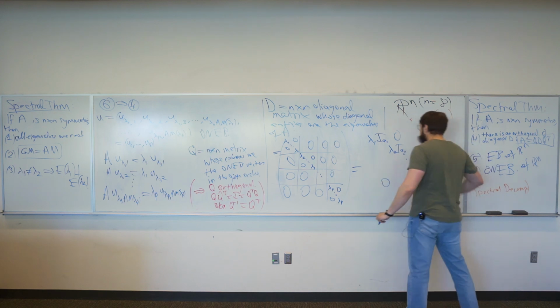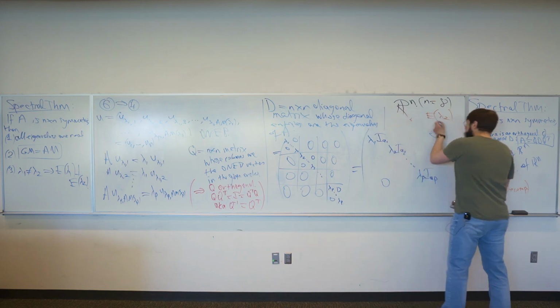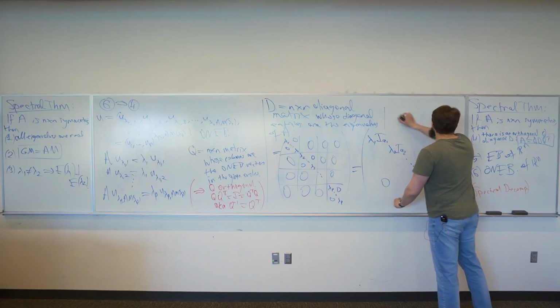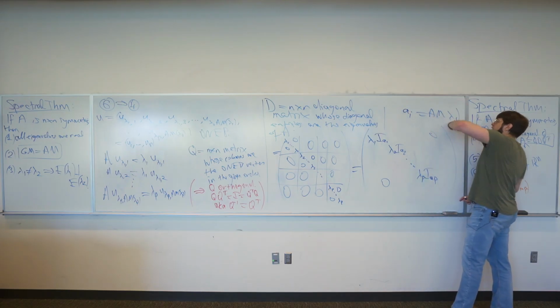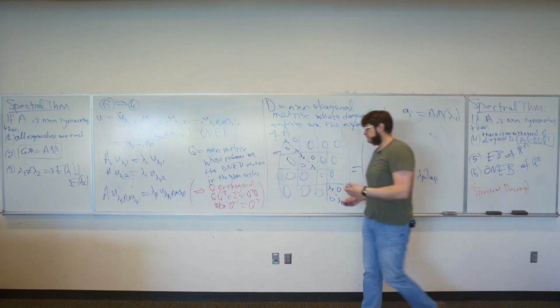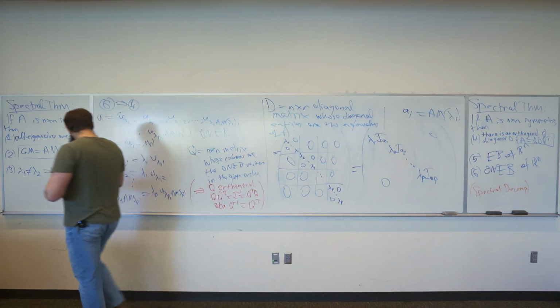So everything else is 0. This is block diagonal, like so. And A I is the same thing as AM of lambda I.